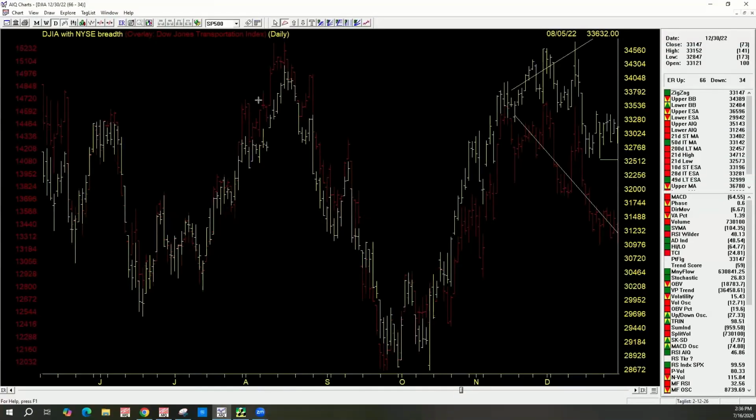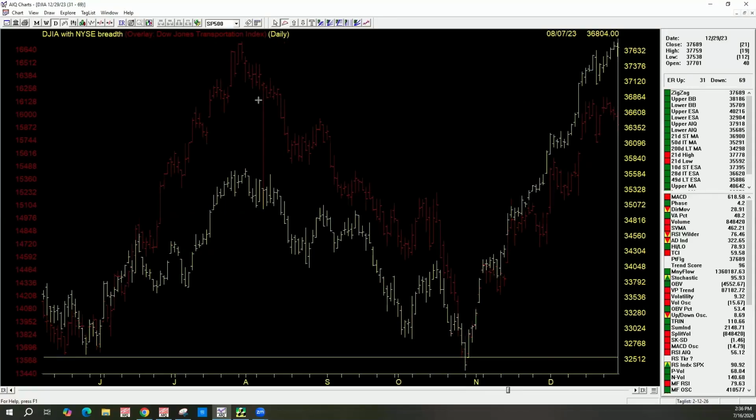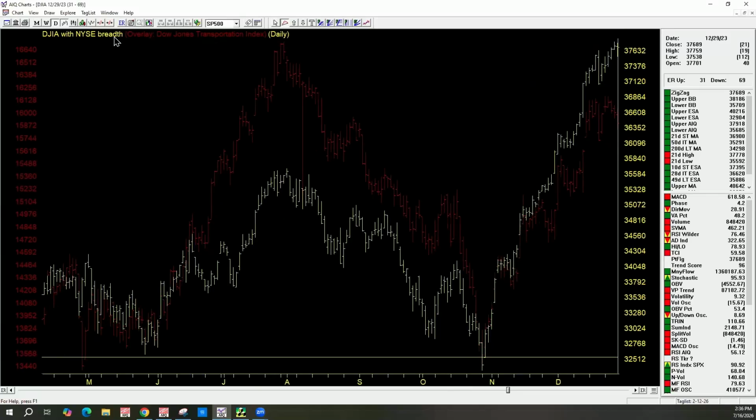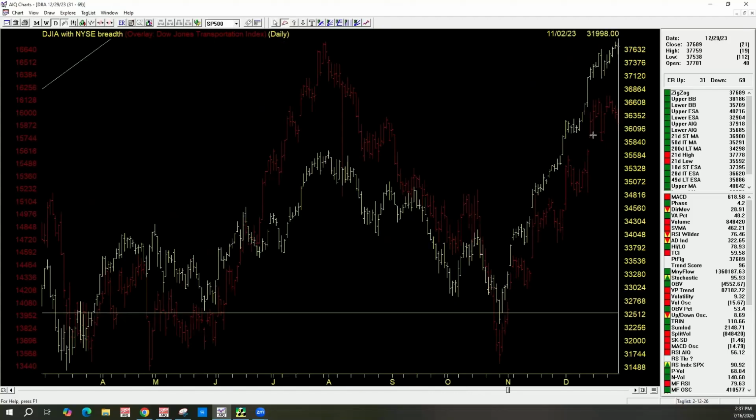In this case, the transportation was only lagging by, yeah, this is a good one because it shows us how important the size of the divergence is in order for it to work for us, because the transportations have been lagging in 2023 quite seriously behind the Dow in this area here.